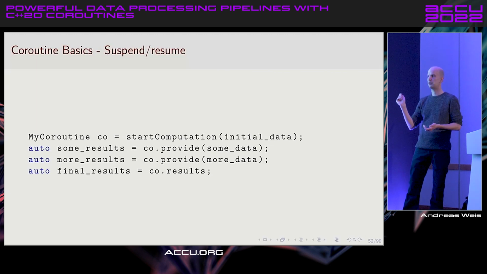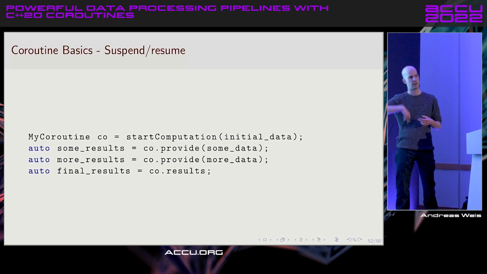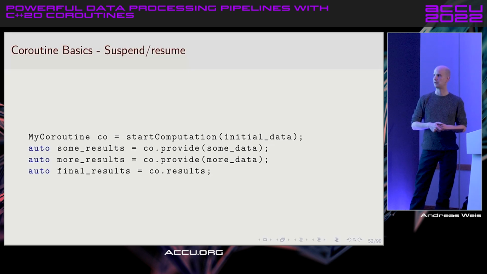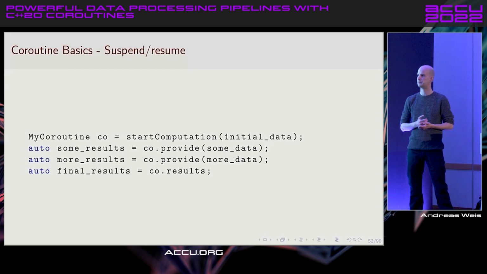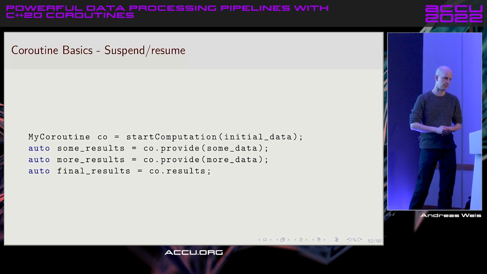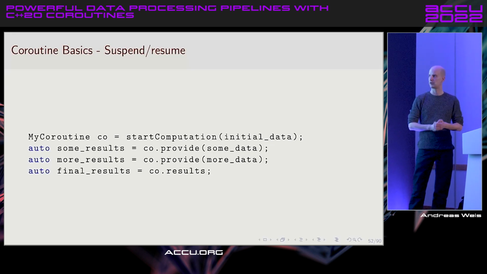Every time you invoke it, you get a new result back. For a generator, you can loop over all the data you get back, with each iteration giving a new value, and you just keep looping until the coroutine is done or you don't want to continue anymore. This is the suspend-resume pattern, and from a user's point of view, usually when you're asking for coroutines, you want to do one of the two.